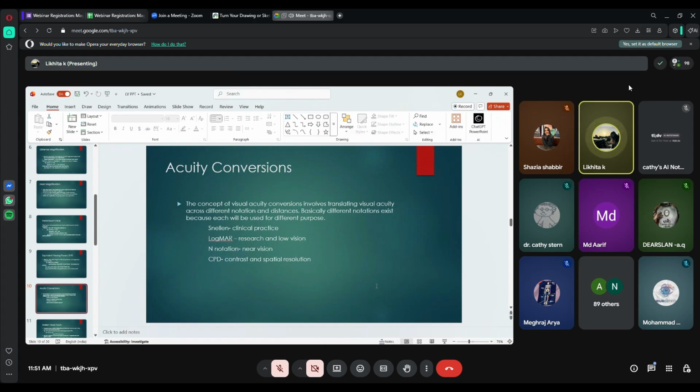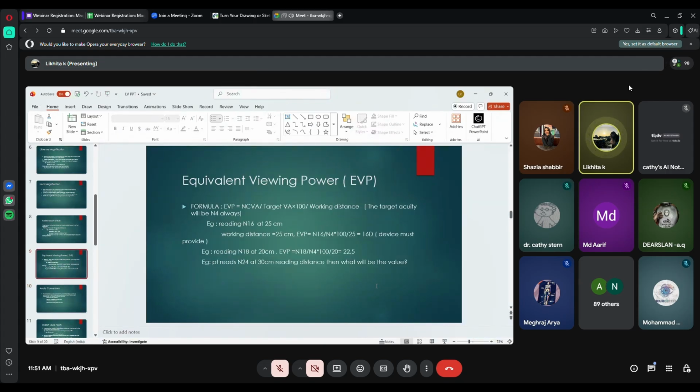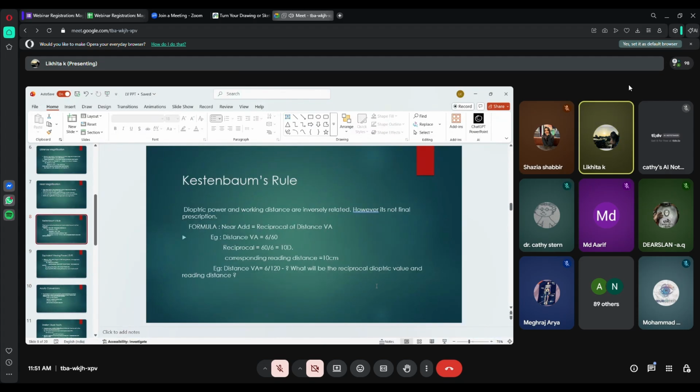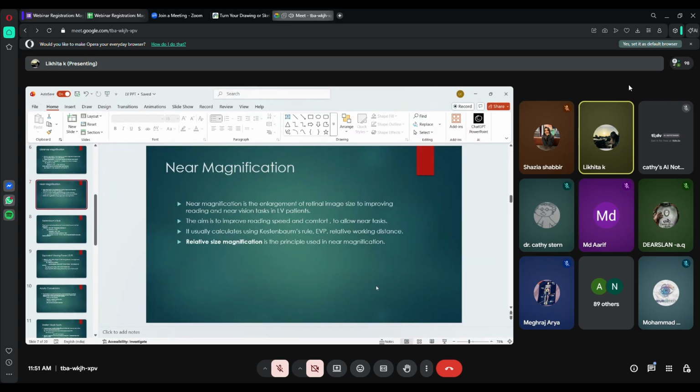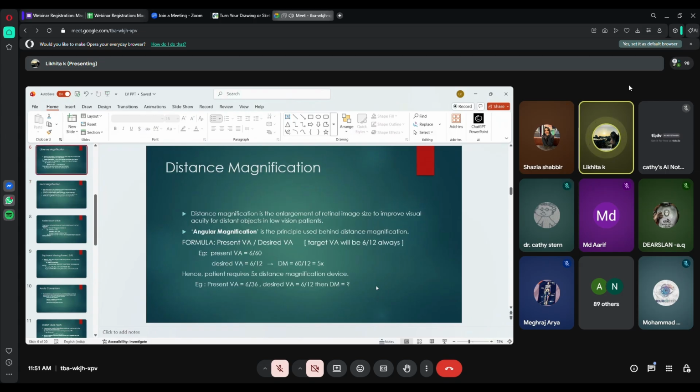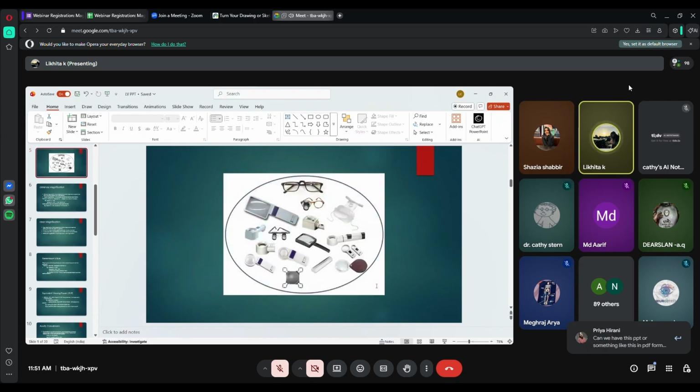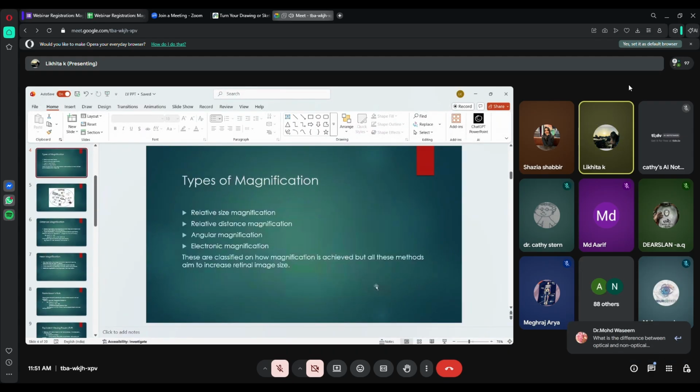If you guys have any doubts in these equity conversions or any magnification rules, either in distance or near, you can ask. Sure, I'll share this PPT with you.